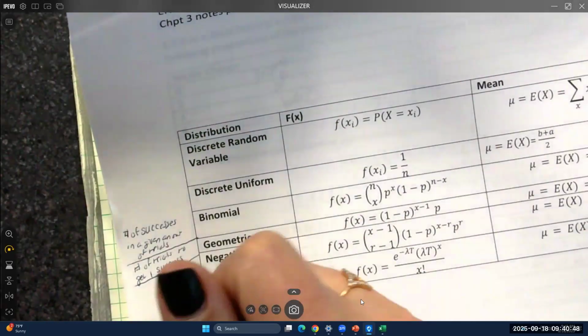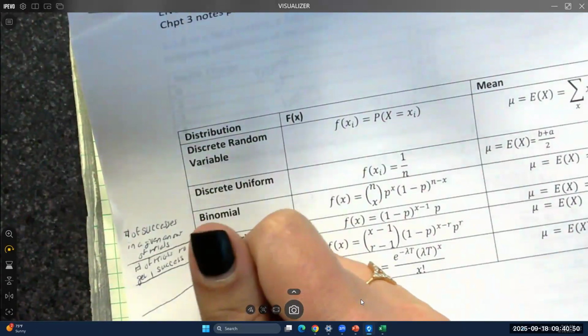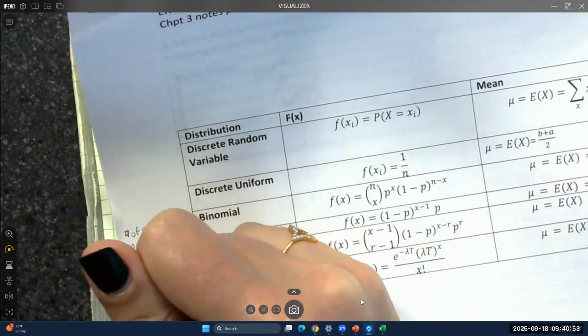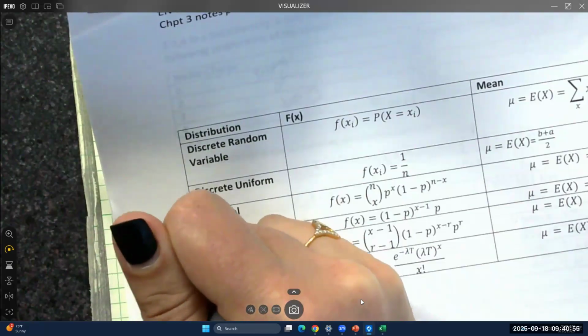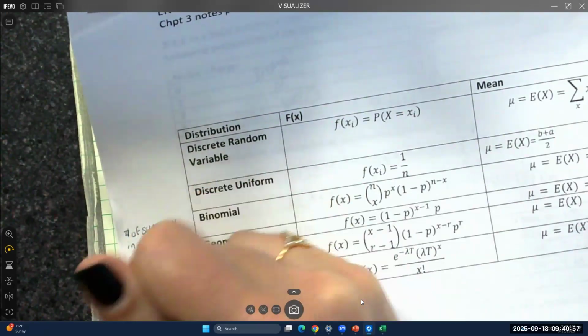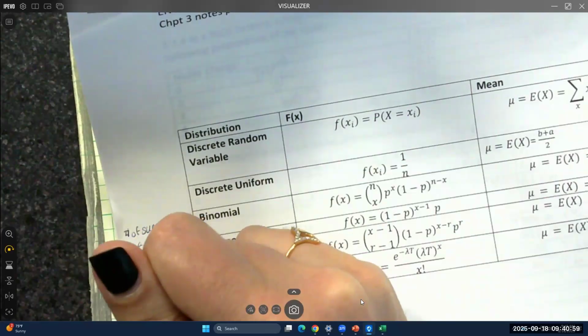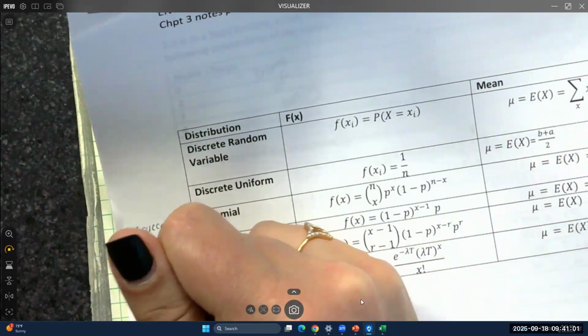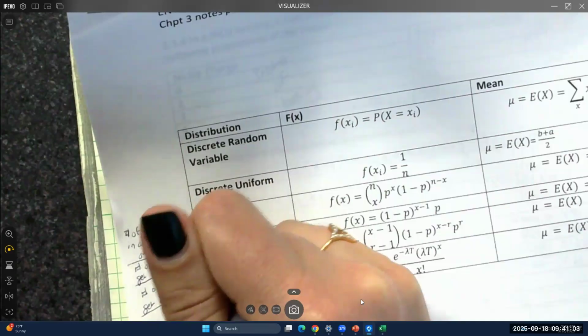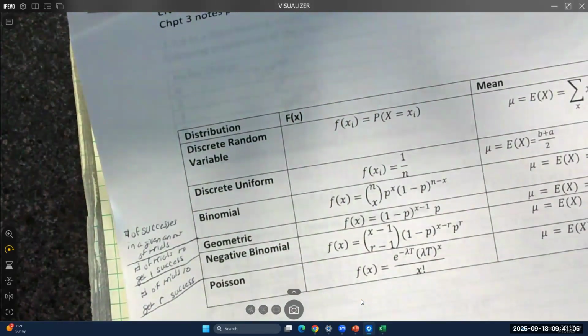And then my negative binomial is number of trials to get R successes. R is what's used in the formula.